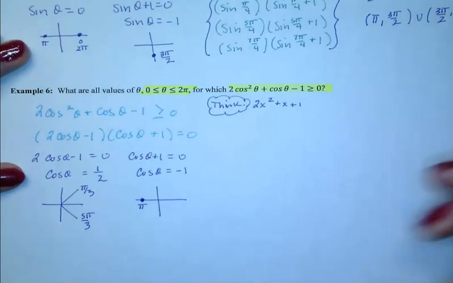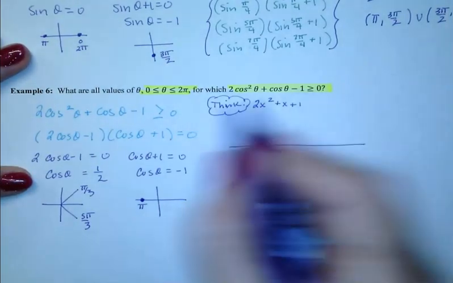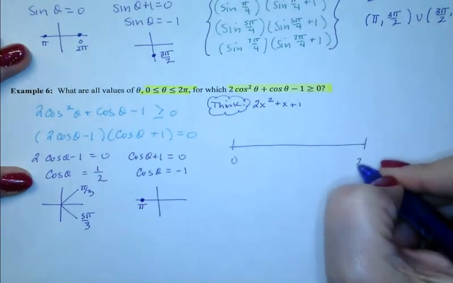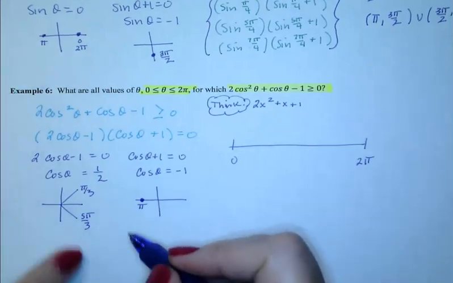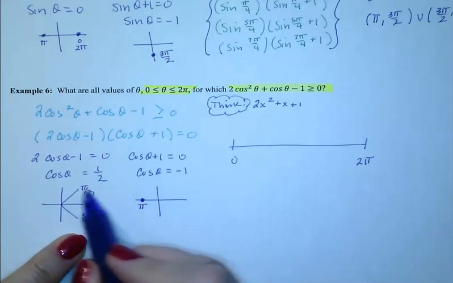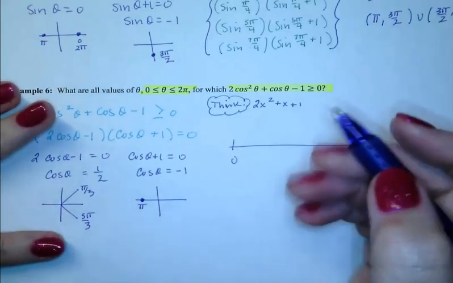So we now know what can go on the number line, right? We're going from 0 to 2 pi, so the ends are going to be 0 and 2 pi. And on that interval in between, we have 3 values: pi over 3, then pi, then 5 pi over 3.